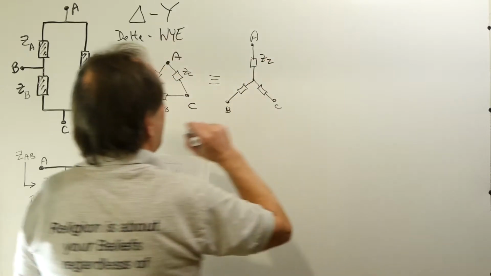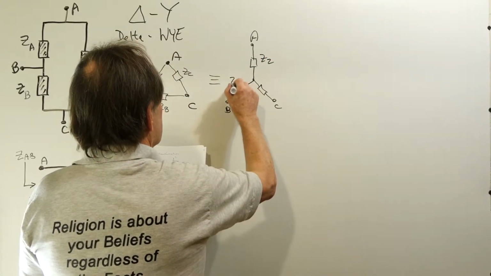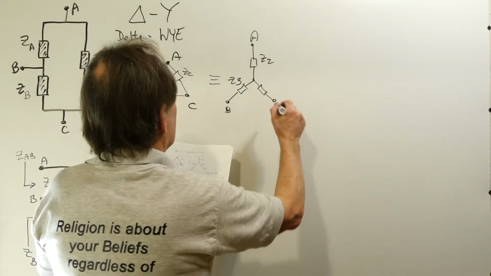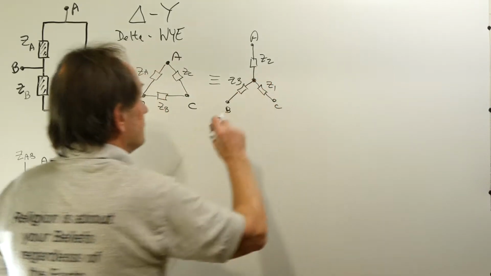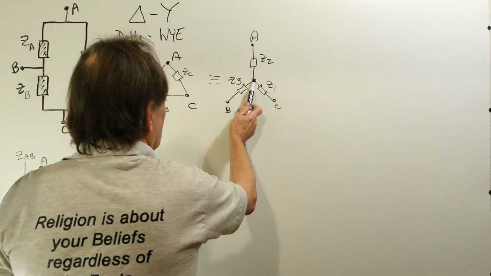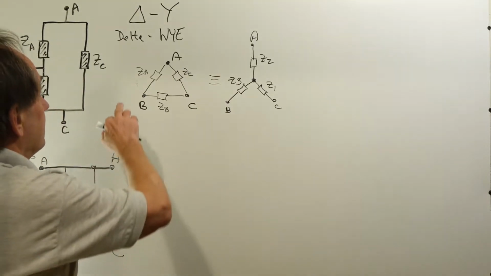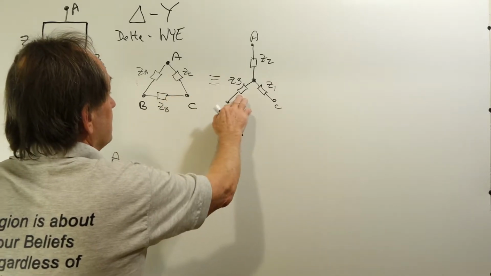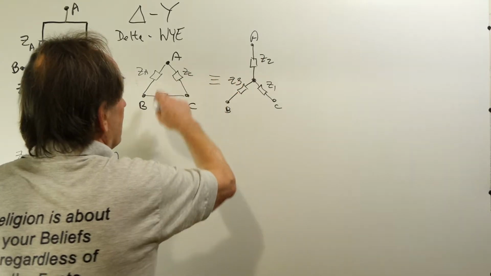If I call that Z2, and this is Z3, and this is Z1, this is a neutral node that you don't have access to. But these two networks are exactly equivalent if you appropriately choose the element values.